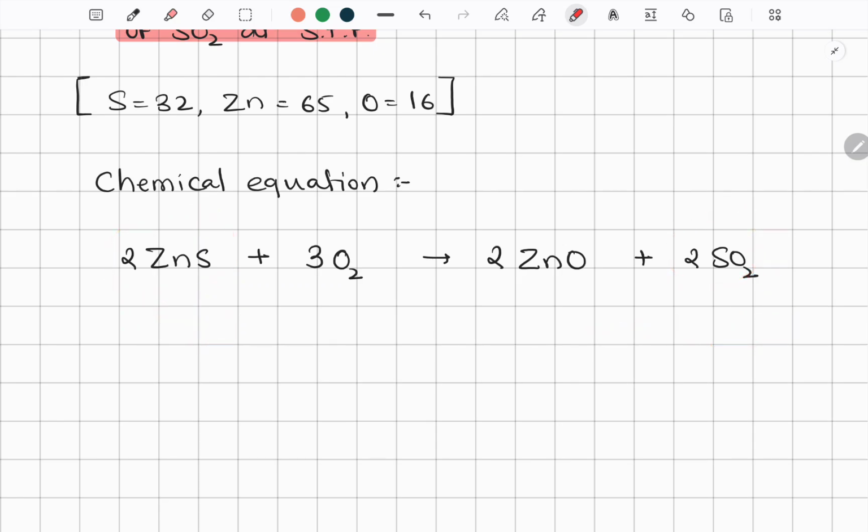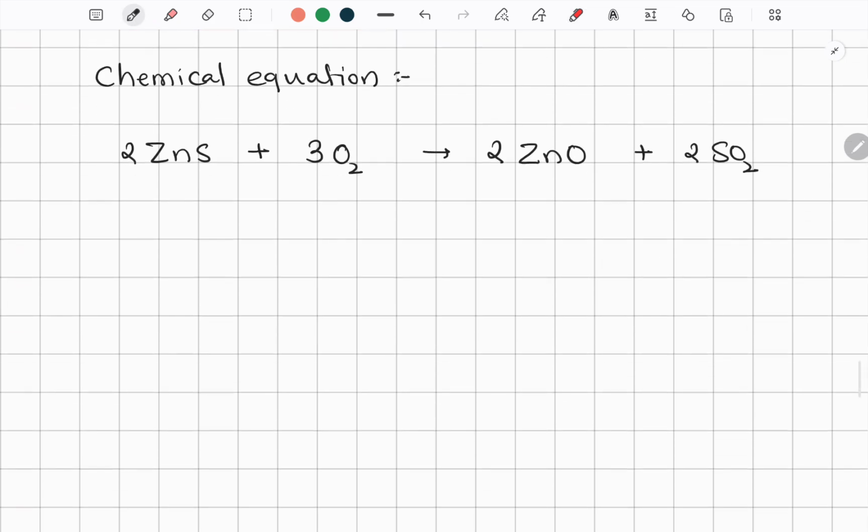That's what we have to calculate. So let's go for it. By the unitary method, 2 moles of ZnS liberate 2 moles of SO2. Then 776 gram of ZnS will liberate x moles of SO2.